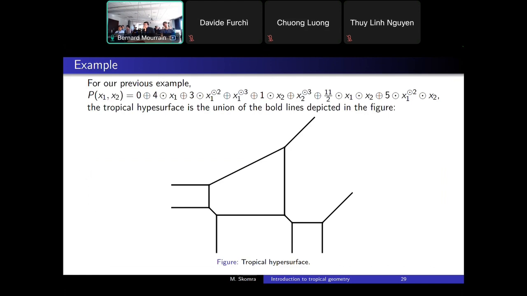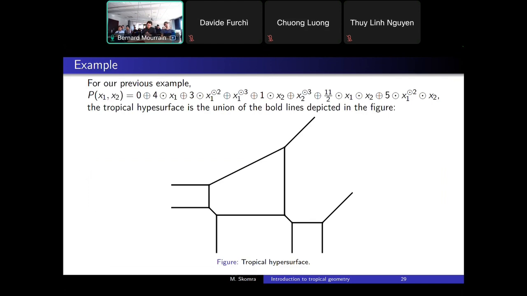Then we have this bold part, where at least two terms achieve the maximum, and these are precisely the points where the function is not differentiable. Now I claim that this merits to be called a hypersurface, so let me try to convince you why.